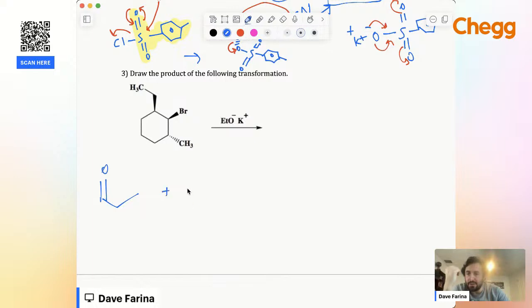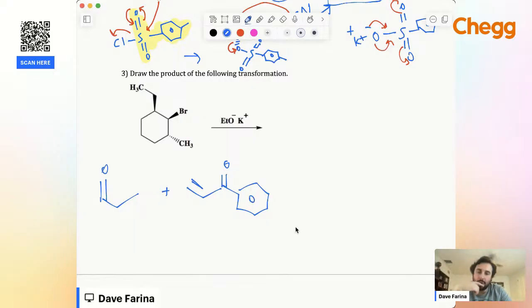And then let's use this guy. And let's give that a benzene ring too. Why not? So notice now we have two carbonyl containing compounds. One of them already has an alpha beta degree of unsaturation on it.